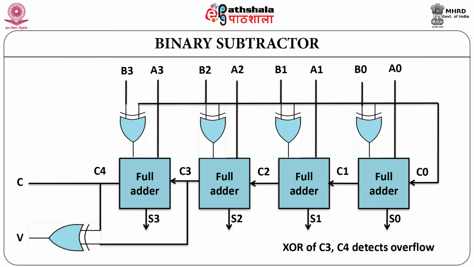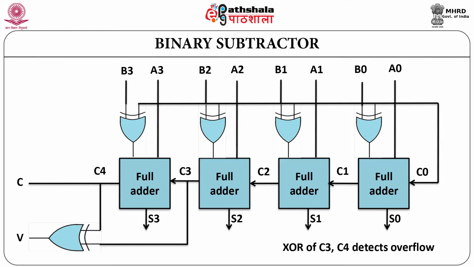For example, if you take the first full adder, which generates the subtraction bit S0, then A0 and B0 are added. So, the exclusive OR gate that is used for B0 generates its ones complement, and then it is adding 1 to it, and then finally the full adder gives the subtraction of the two bits A0 and B0.